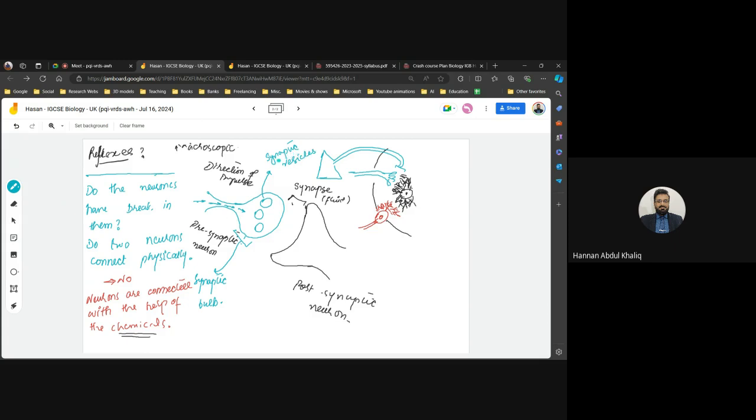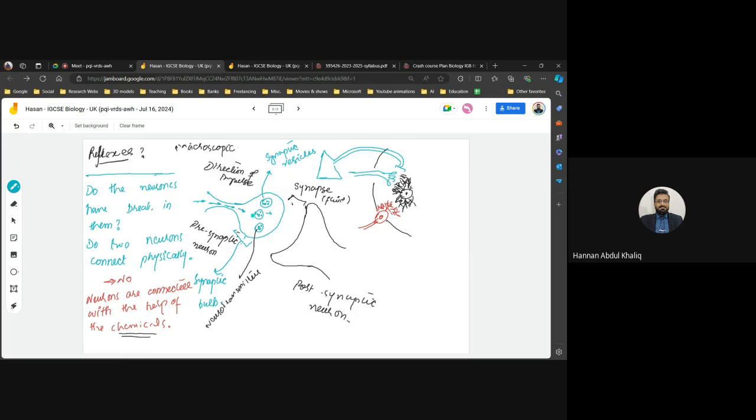Now, these vesicles contain chemicals. And remember that these chemicals are named neurotransmitters. You may have heard about it. Neurotransmitters.